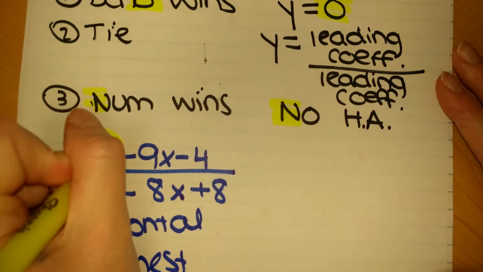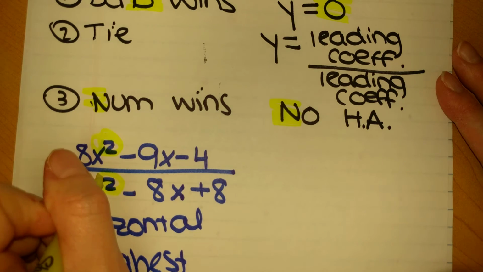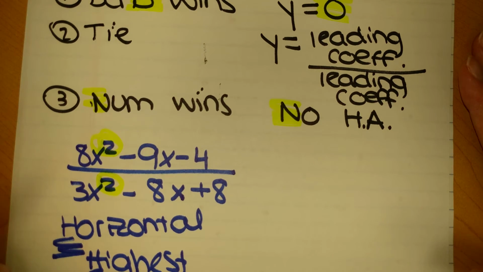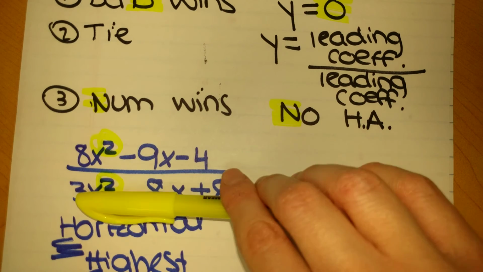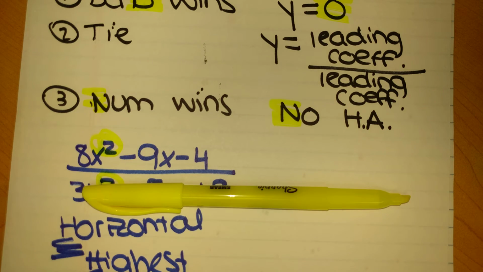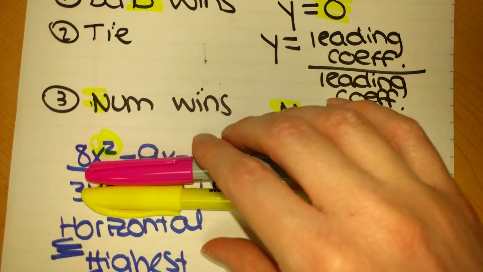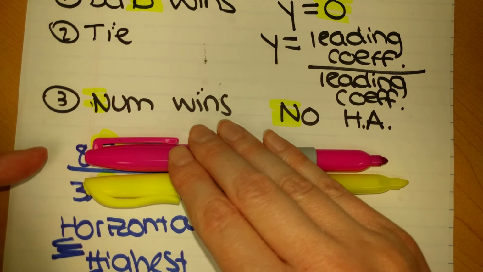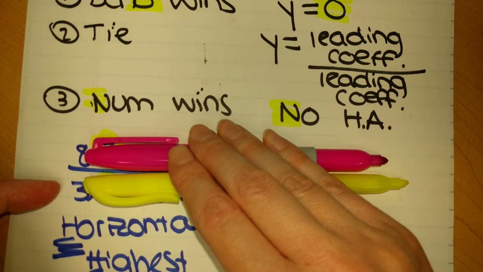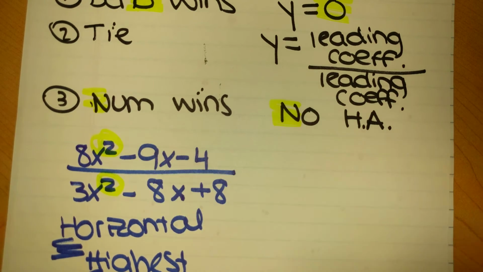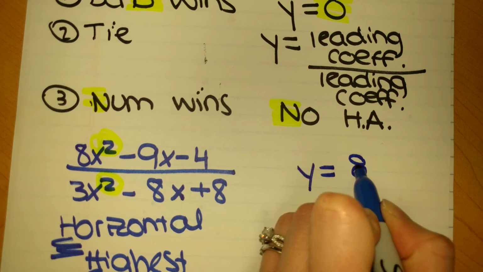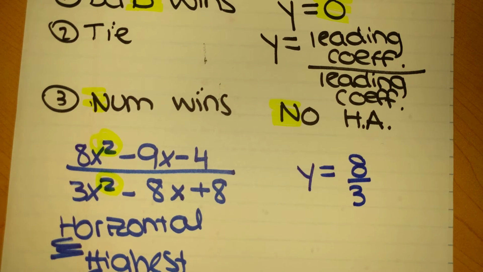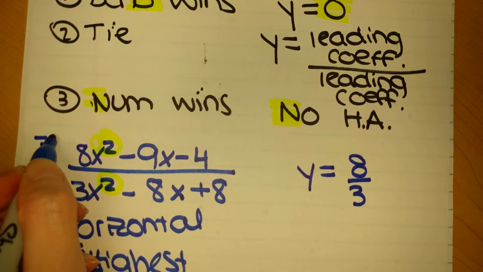So this 2 and this 2 mean that we have a tie. And so if we have a tie, all of this trailing stuff is not going to matter to us at all. The only thing that's going to matter are those leading coefficients. So it will be y is equal to 8 over 3 as the horizontal asymptote for question number 77.